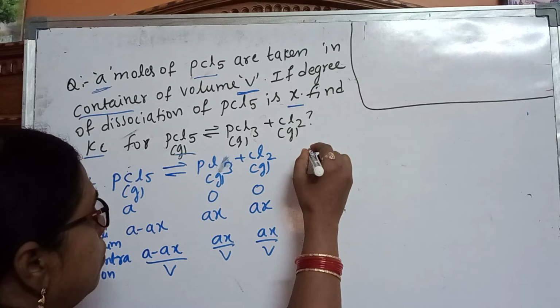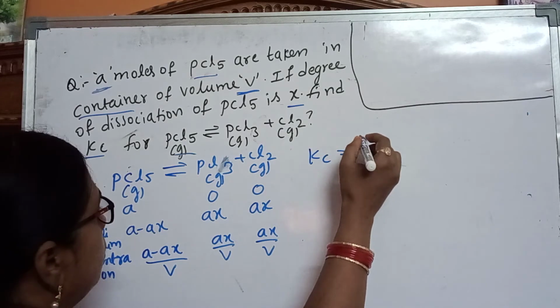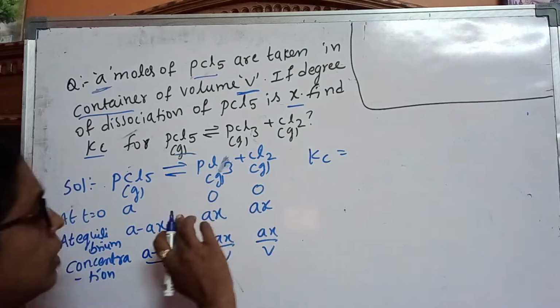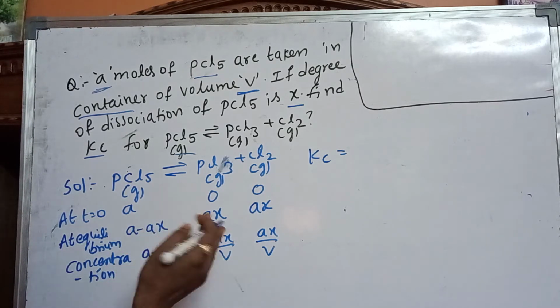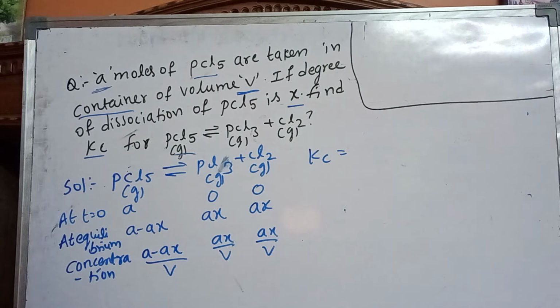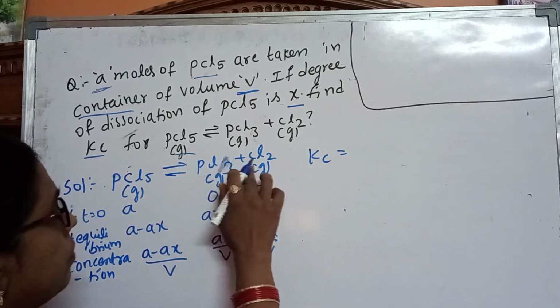So what is the formula actually here? Kc is equal to the product of concentrations of products by the concentration of reactants, isn't it? In this equation, the products are what?